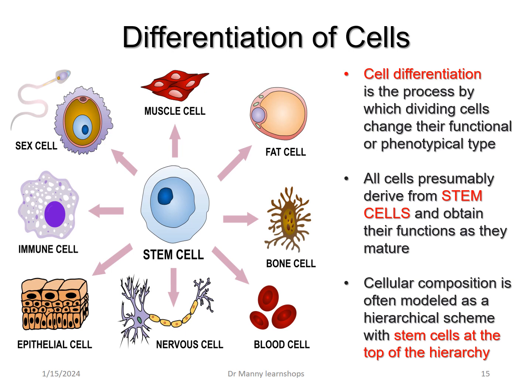All cells, theoretically, come from a stem cell, which is at the top of the hierarchy in cellular production, and as they mature, they develop these functions. So cellular composition is often modelled as a hierarchical scheme, with stem cells at the top of the hierarchy, with other cells being produced.